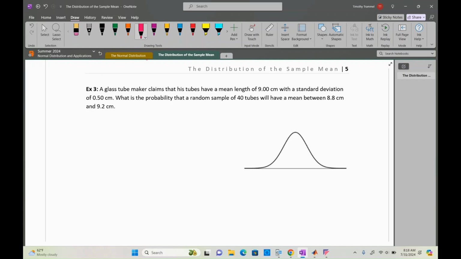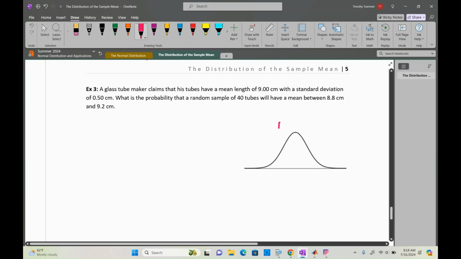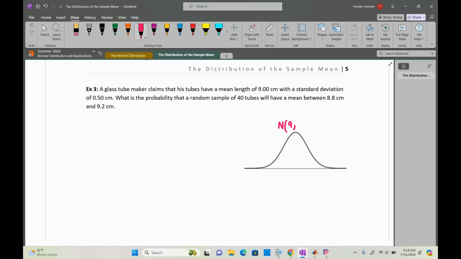So let's write up here, first of all, that we are working with a normal distribution that has a mean of 9 centimeters. Now, also, we're working with samples of size 40, and the population standard deviation is 0.5.